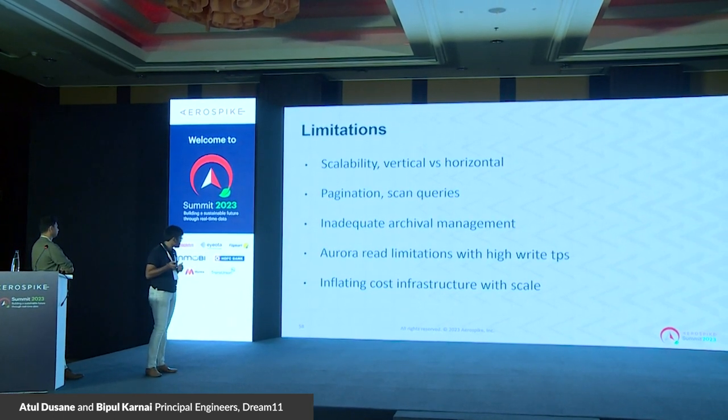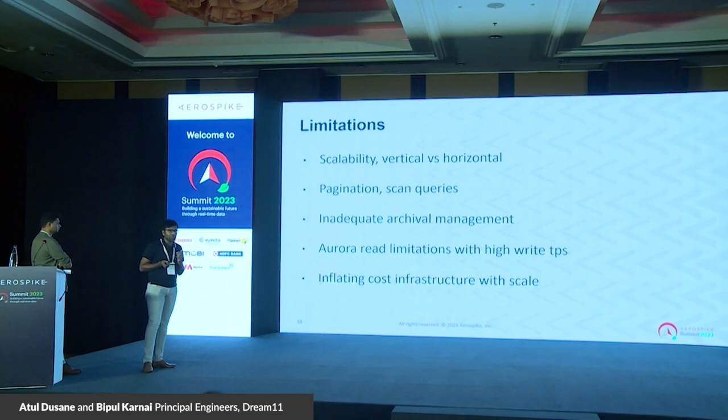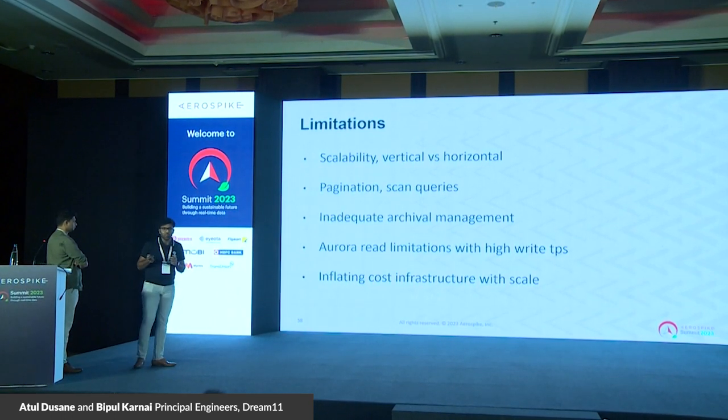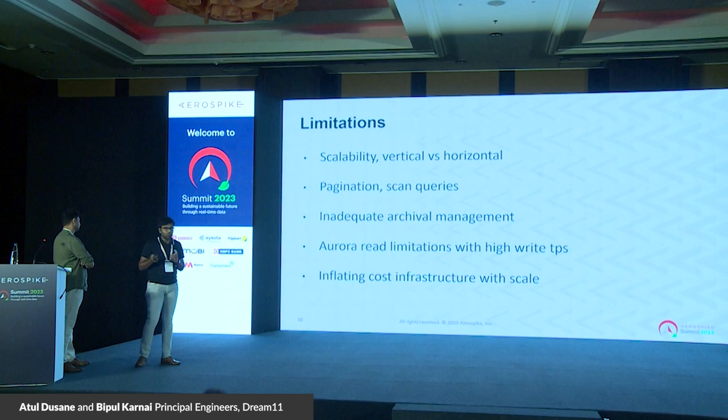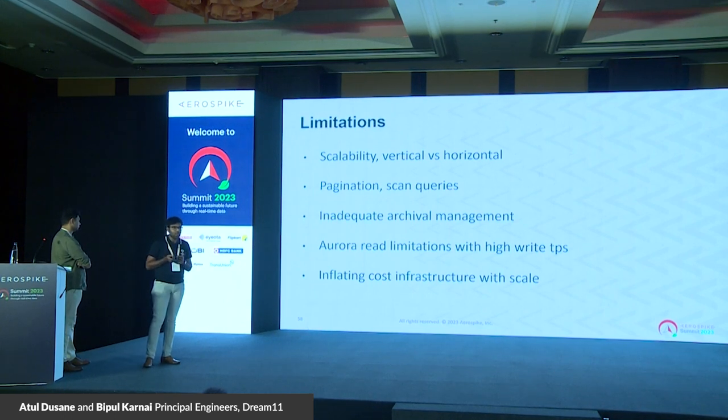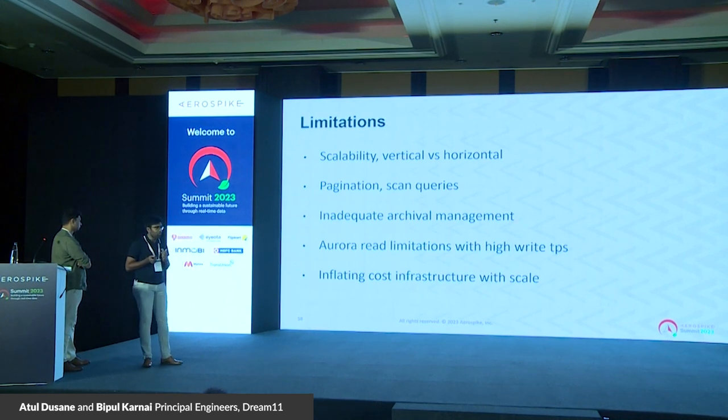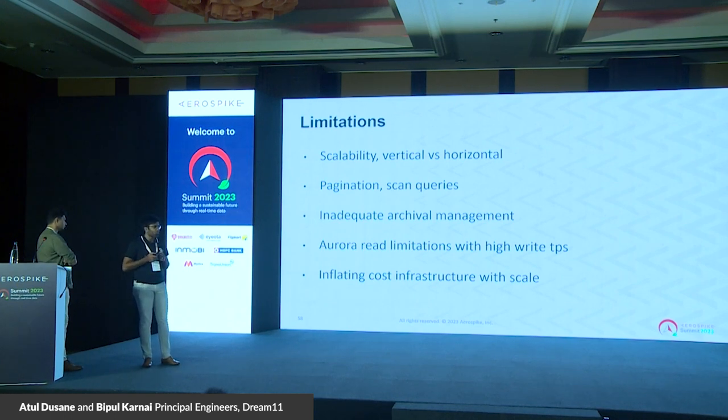Also, with high write TPS, your read TPS goes low, and since this service has quite high RPM, our read TPS became a bottleneck because we were writing at a very high volume at the same time.